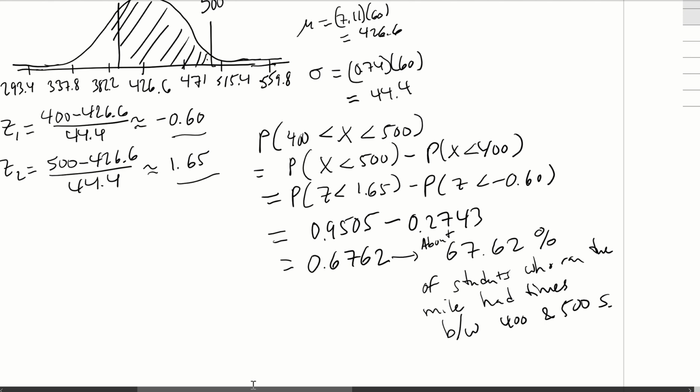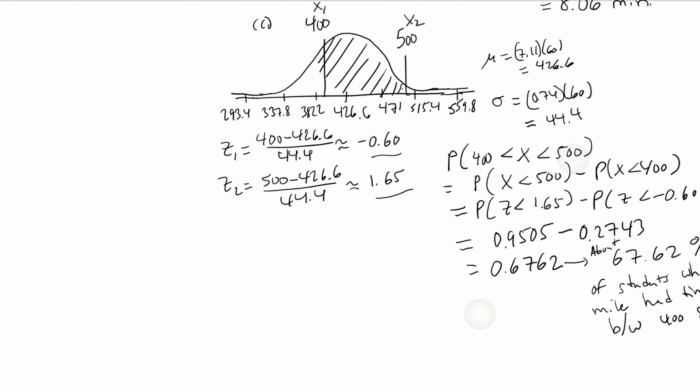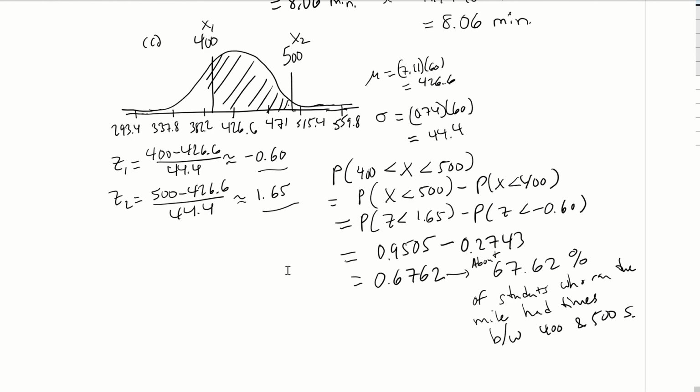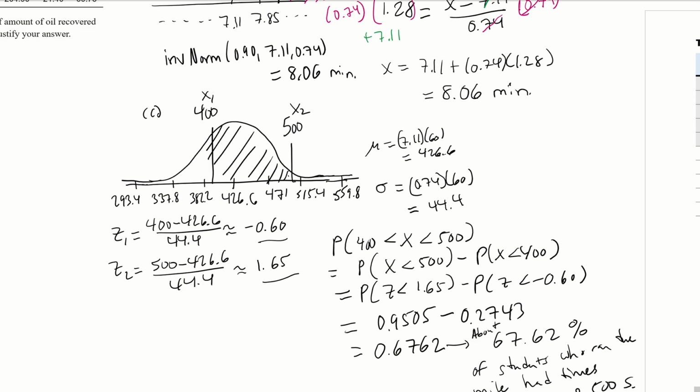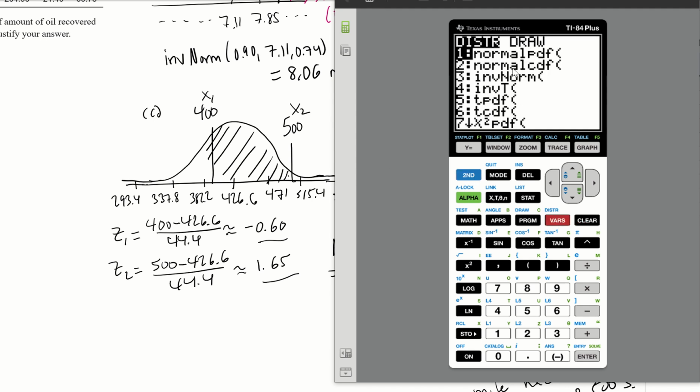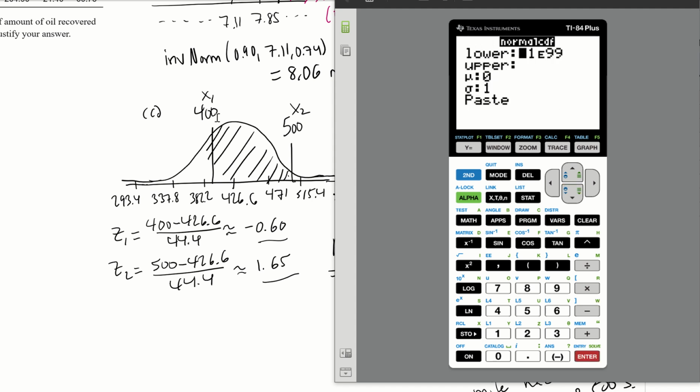All right, we kind of showed you with the calculator already, but we'll show you one more time. If I wanted to do this with a calculator, I need the cumulative density function. So second vars, normal CDF. I want to go from 400 to 500.